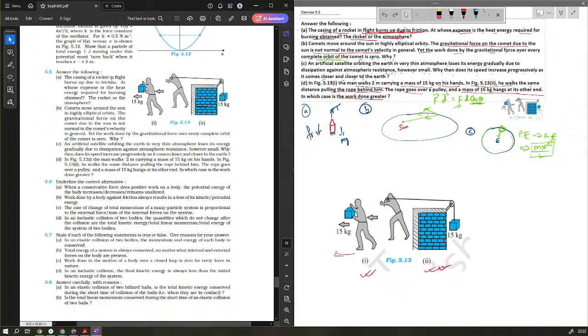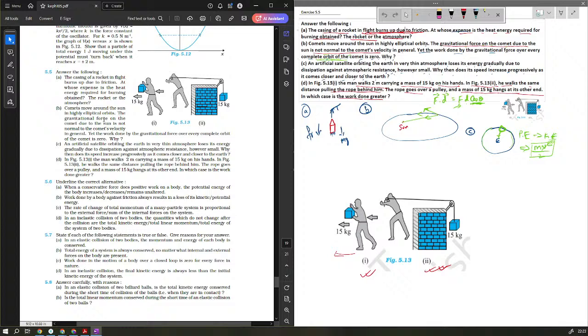Since the rocket's motion is being resisted in this case, obviously it's at the rocket's expense that the casing is destroyed.